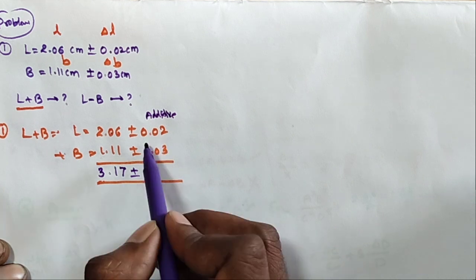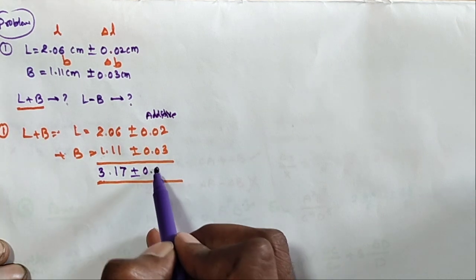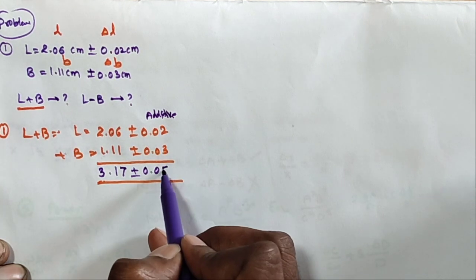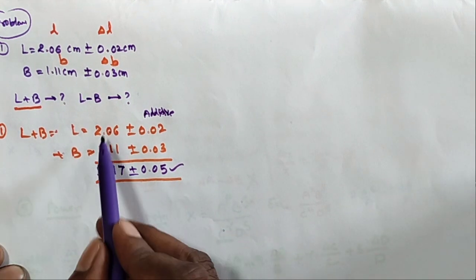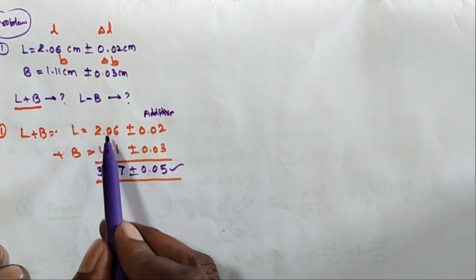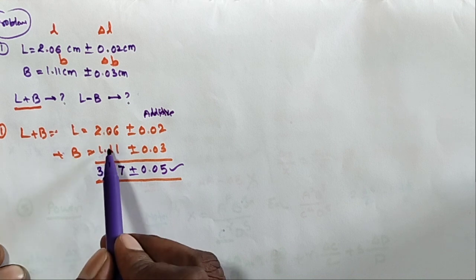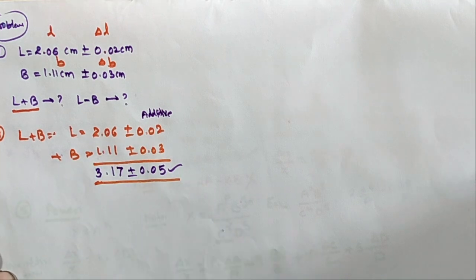Don't subtract. So 0.02 plus 0.03 is 0.05. That is the answer. Very simple, just adding the actual values and the errors individually. So this is the first one.